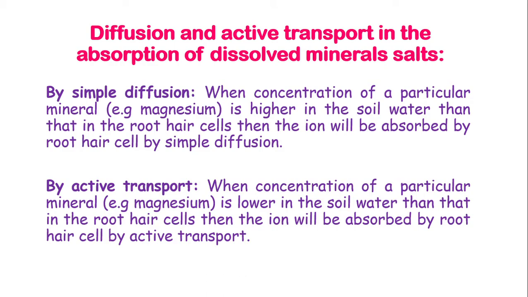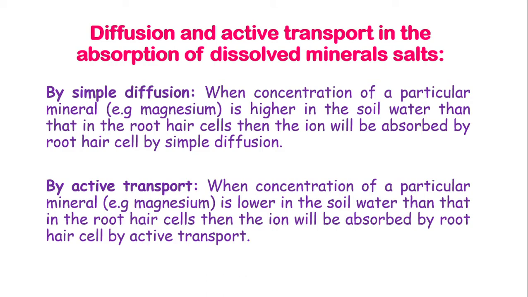And the second one is active transport. Suppose the concentration of a particular mineral, for example magnesium or nitrates, is lower in soil and higher inside the root hair cell. So the root needs to absorb the mineral salts from soil, but this time the concentration in soil of that mineral salt is lower.